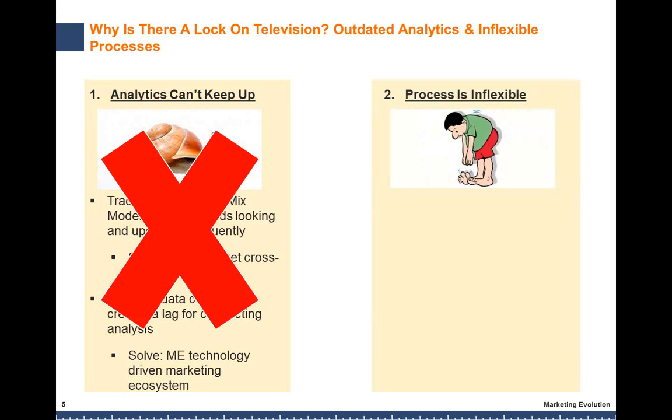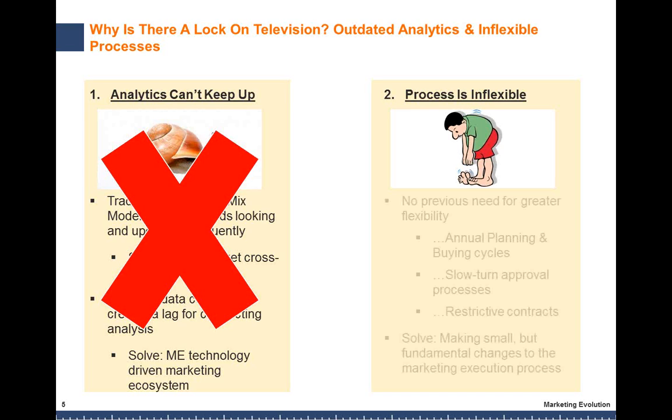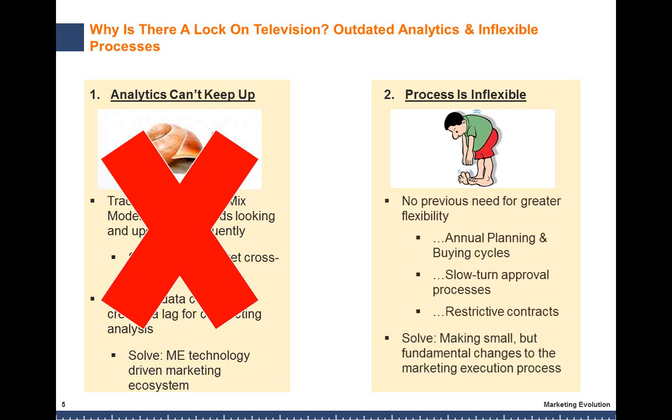When I talk about processes, I really mean the marketing ecosystem that exists between marketers, media owners, and media agencies. And there's a very good reason for that. Previously, there had been no need for greater flexibility. As I just described, there wasn't that in-campaign information to tell marketers what's working and what's not.